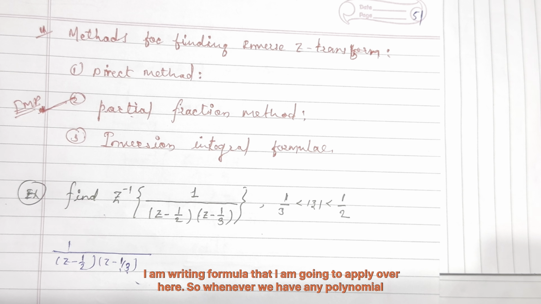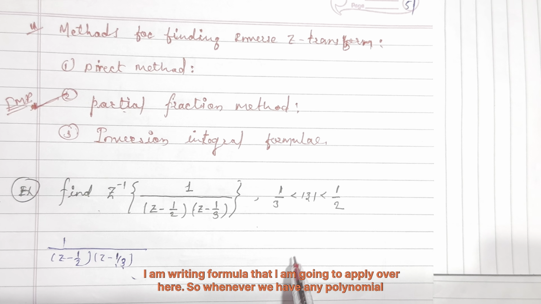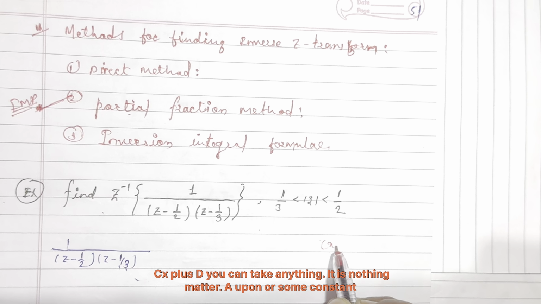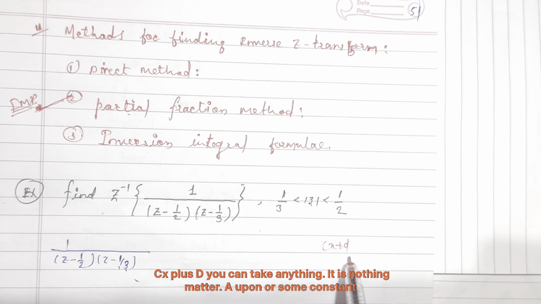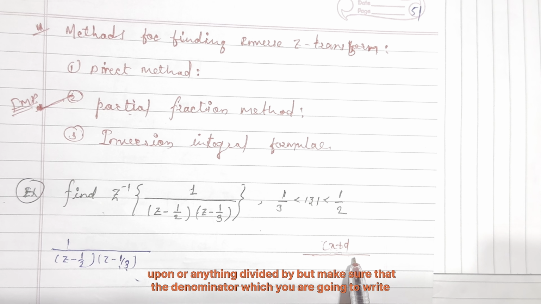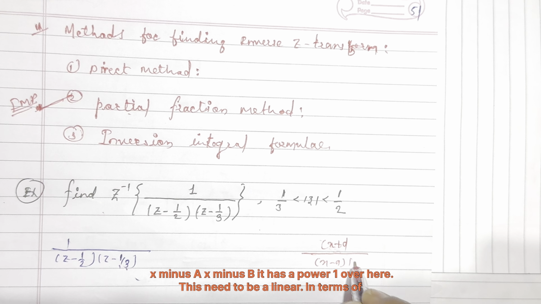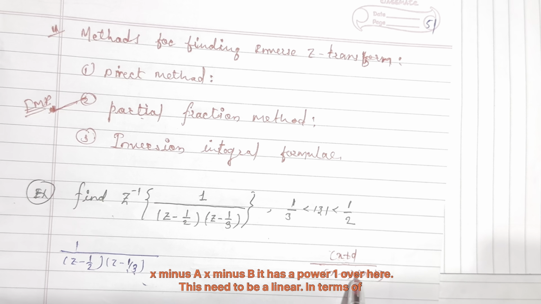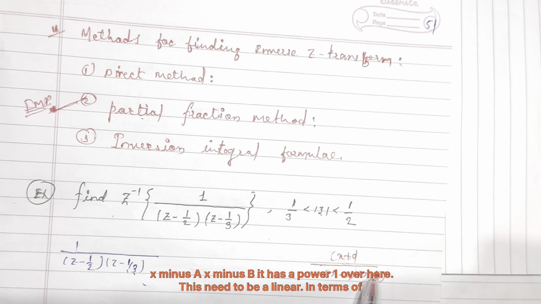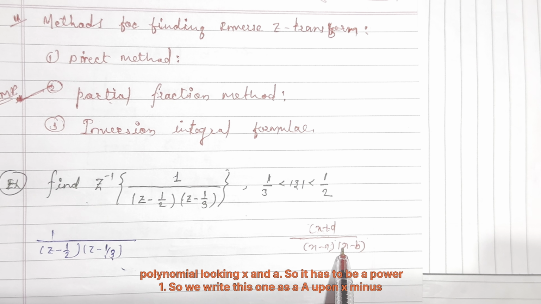Whenever we have a polynomial cx plus d, or some constant, upon a denominator (x minus a)(x minus b), make sure each factor has power 1. It needs to be linear in terms of the polynomial.